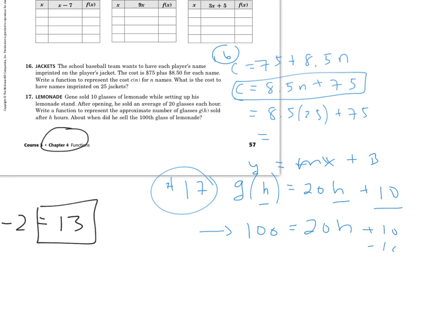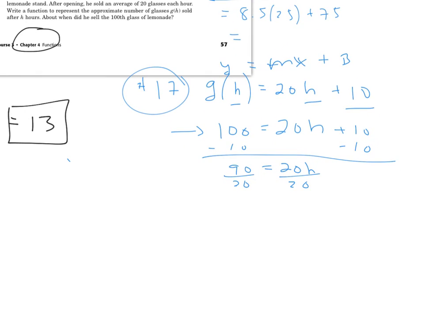So if we subtract 10, we get 90 is equal to 20H. And then we divide by 20. And we find out that H is equal to 4.5.